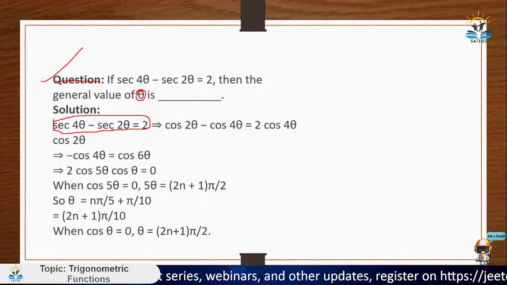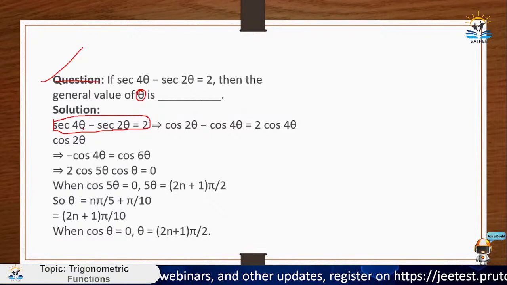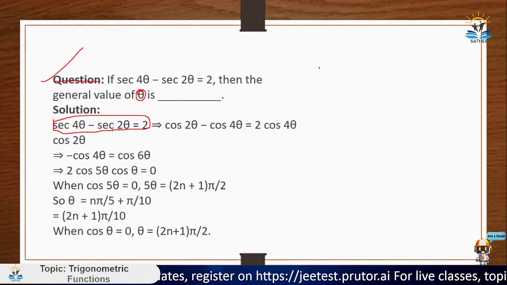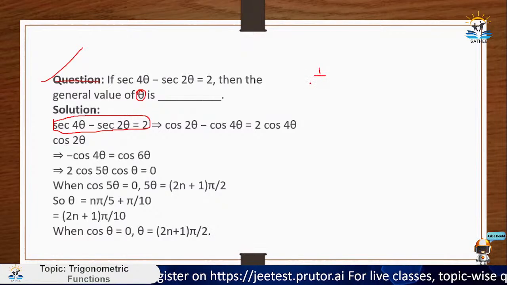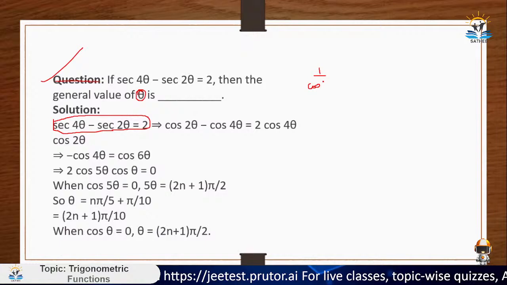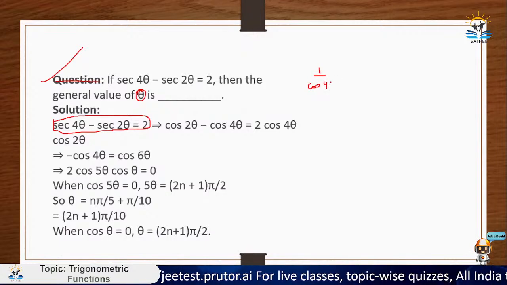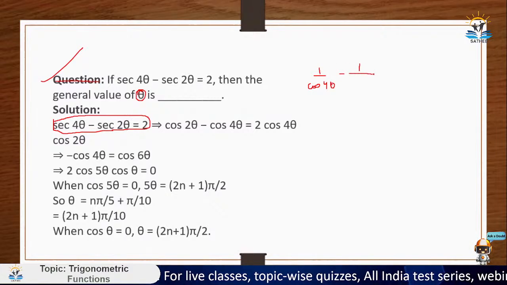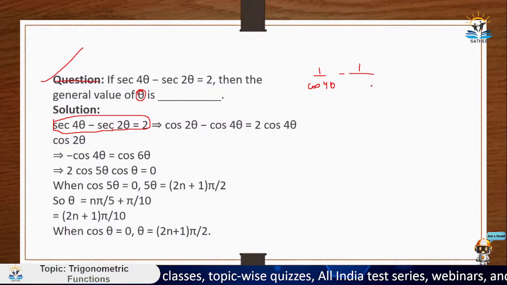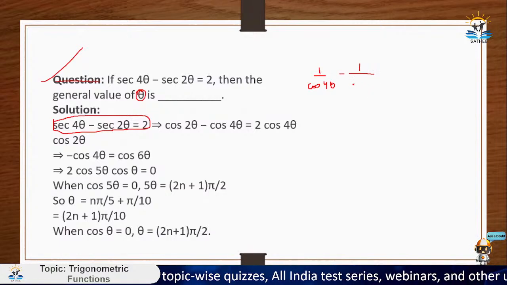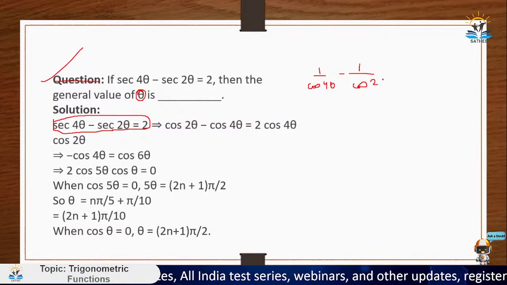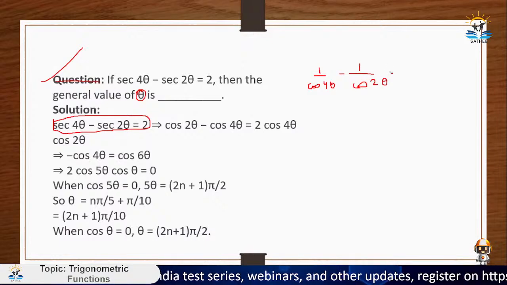Now what I'm doing, I'm taking the inverse of it, so I can change it to cos. So for changing it to cos, take its inverse. So you will get 1 upon cos 4 theta minus 1 upon cos 2 theta is equal to 2.